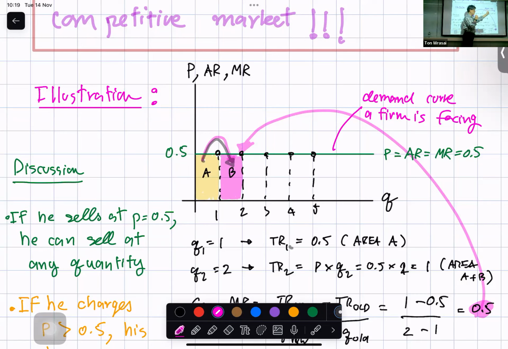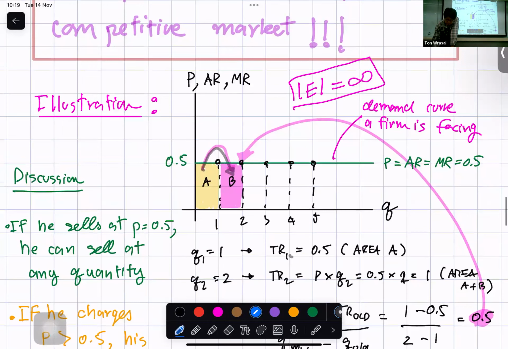We use this to represent perfectly price sensitive: elasticity equal to infinity.